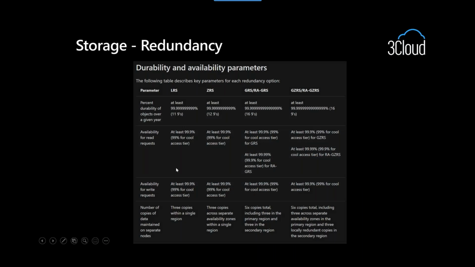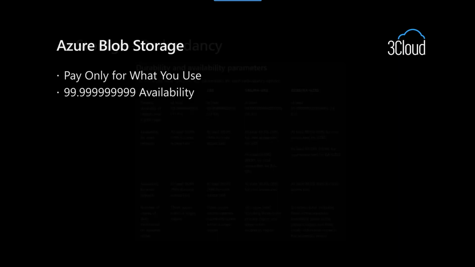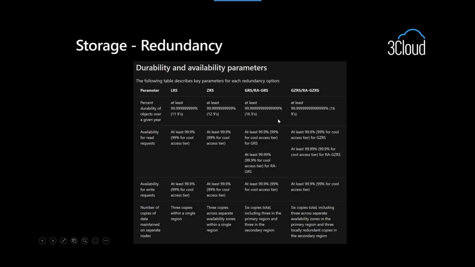The redundancy piece is really important as well. Locally redundant storage, LRS up there, is 11 nines. Think about that. That's phenomenal, having that kind of high availability. ZRS is up to 12, and then 16 nines for the other two on the right, which are GRS, RA-GRS, and so forth.